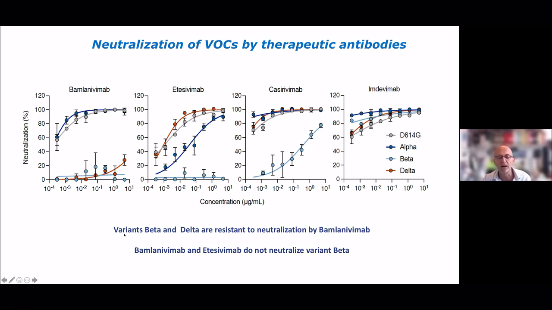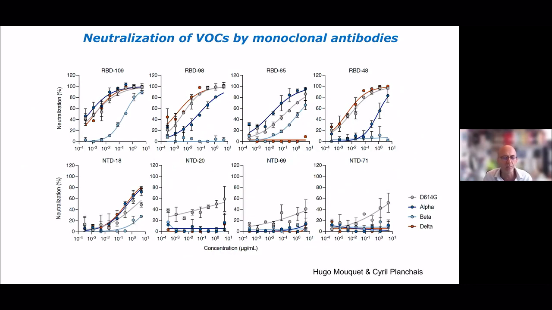So the variants Beta and Delta are resistant to neutralization by bamlanivimab, and both this antibody and etesevimab do not neutralize the variant Beta, by the way, as shown here. We tested a panel of 8 other monoclonal antibodies.